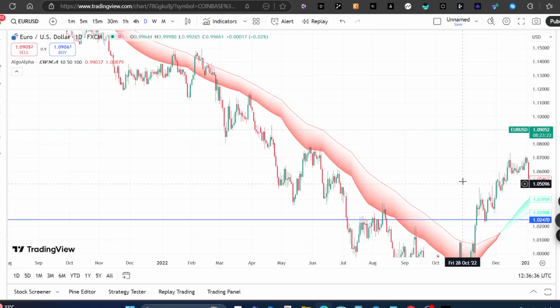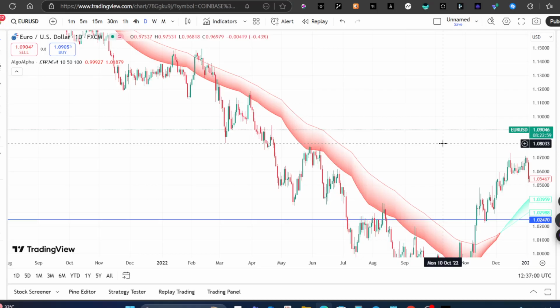Okay, so this can be an excellent tool for entry and exit points, especially when combined with other technical analysis tools. Now, you might be asking, why is the liquidity weighted moving average especially good for Forex traders? Well, the Forex market is highly liquid and can be extremely volatile. This means that market conditions can change rapidly and traditional moving averages might not keep up. So the LWMA, on the other hand, is designed to respond to changes in market liquidity.